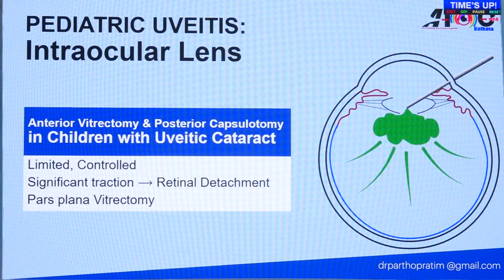For example, in a patient with intermediate uveitis, doing a posterior capsulorhexis and anterior vitrectomy can create significant traction and lead to retinal detachment. So it is always better to take this patient for pars plana vitrectomy if you feel that there is a vitreous opacity which needs to be removed.